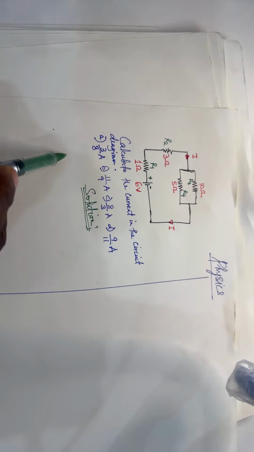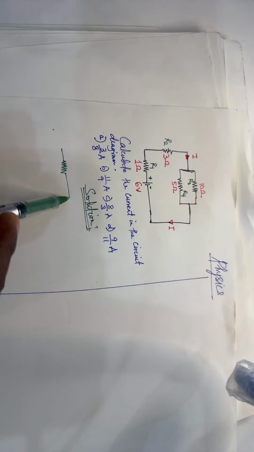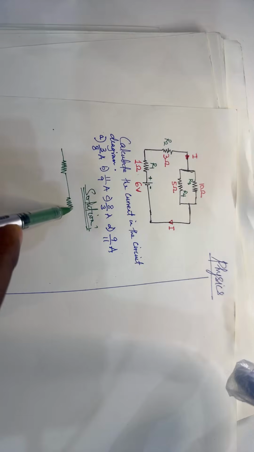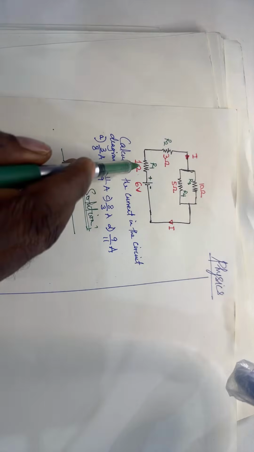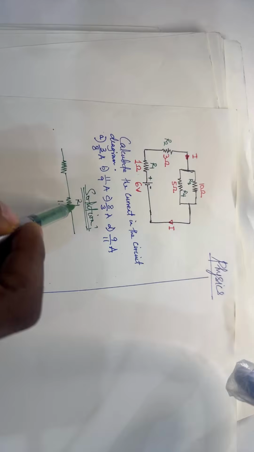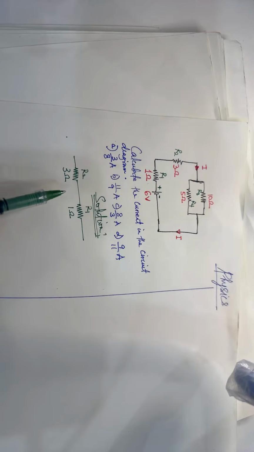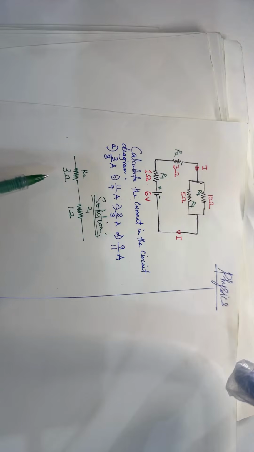If I expand that, this one is the 1 ohm resistor, which is arrow 1, and this one arrow 2, maybe 3 ohms. So you see that this one and this one are in series. Anytime they are in the same line like this, we call them in series. You understand?